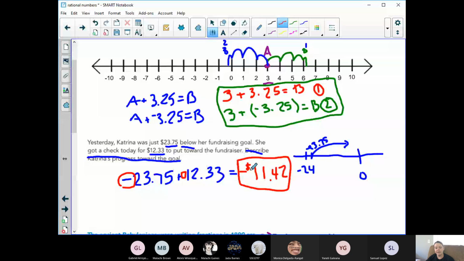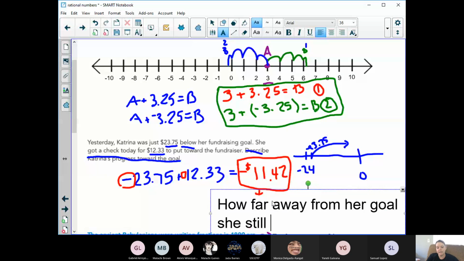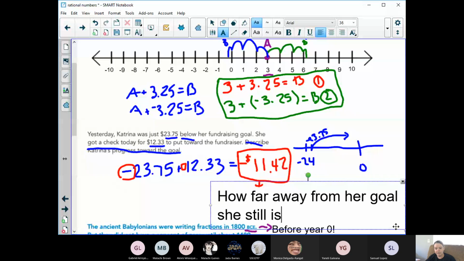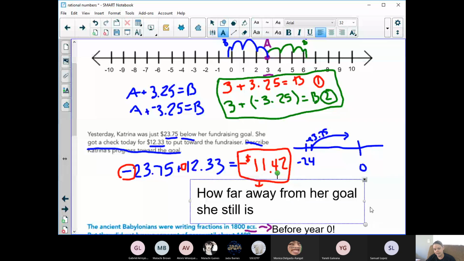So this number right here represents how far away from her goal she still is. Okay. So $11.42 is how far away from her goal she still is after that $12.33 that she deposited. Okay. Any questions about this? No. No.